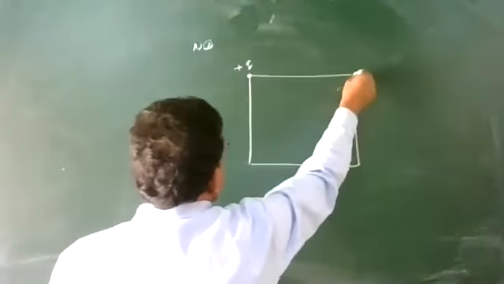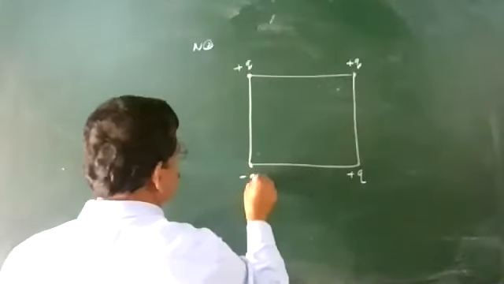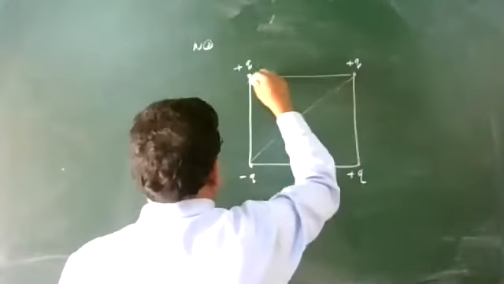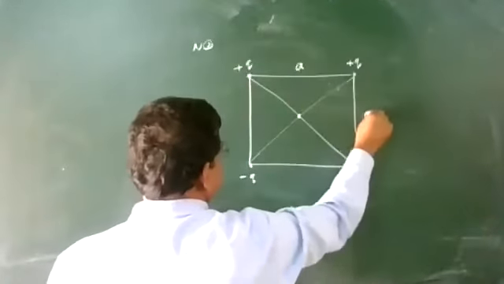Here plus Q charge, and plus Q charge, and here minus Q charge. What is the total potential at the center of the square of side A?